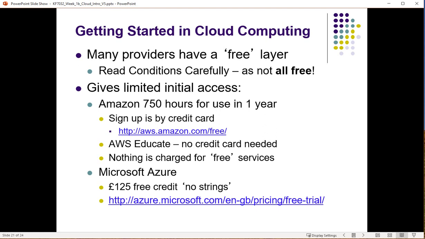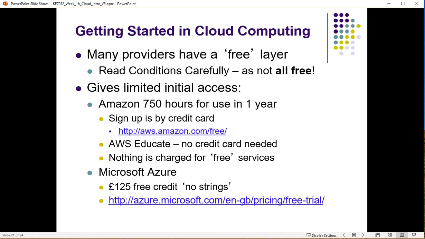The free tier means certain services are free, but the most interesting services are not free. They are actually very good about warning you what is on the free tier and what isn't on the free tier. So that's Amazon. They give you 750 hours per month, sign up by credit card. Azure actually give you something like, it says £125.